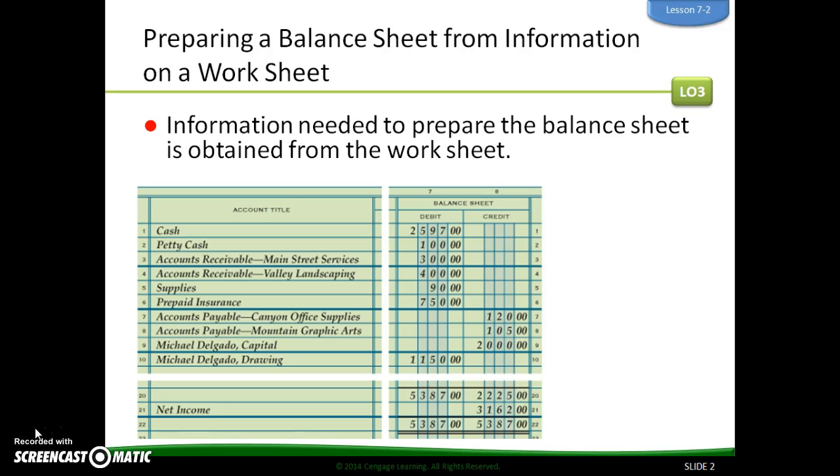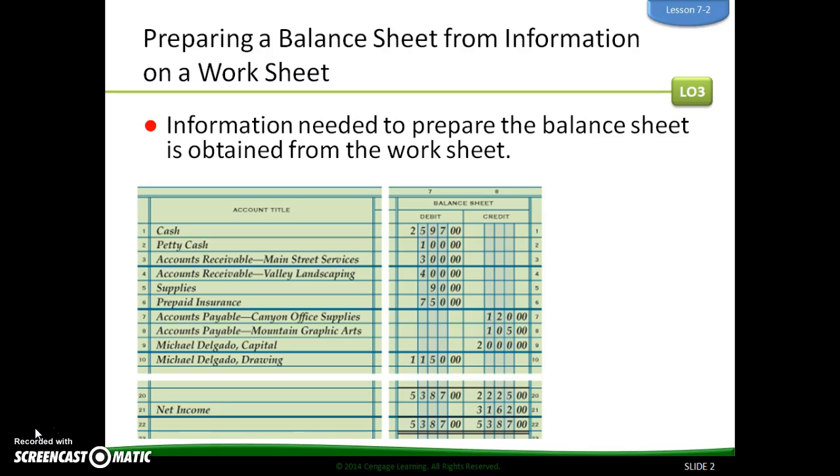So here it is. We have our balance sheet information, and remember it was at the top of our worksheet where we looked at our accounts that we really were characterizing as either assets or liabilities. We also then have the special accounts where we're looking at owner's equity.